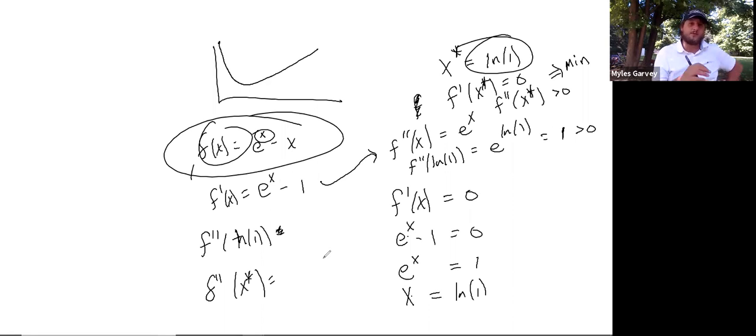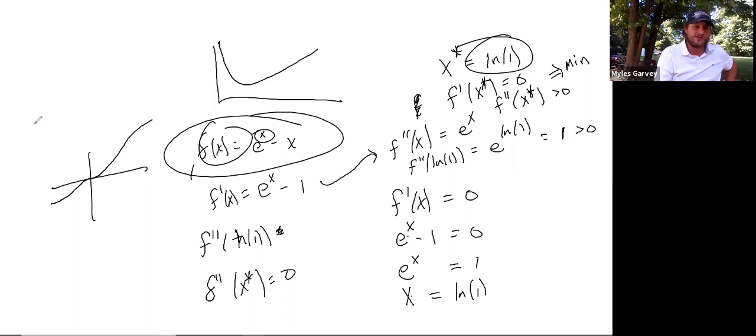One last small remark is that if you happen to find the second derivative is exactly equal to 0, you cannot conclude that that point is a minimum or a maximum. For example, if I look at the function x cubed, you'll notice that I have 0 slope here, but it's not a maximum or a minimum.